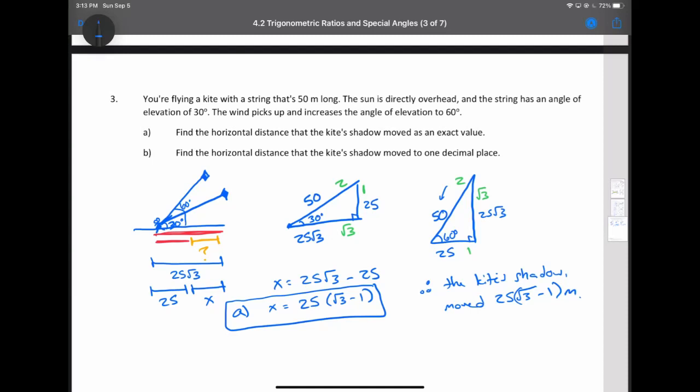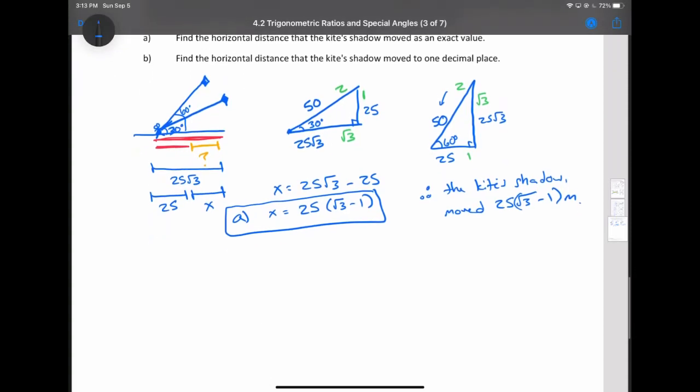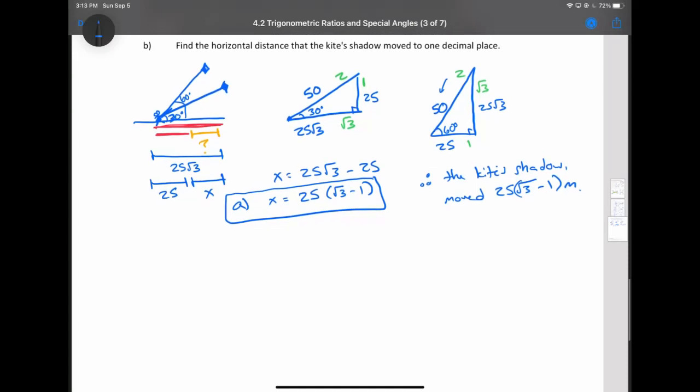Okay, first of all, this is not the kind of question anyone asks anywhere at Playground, but if it was, and you gave them the answer of 25 root 3 minus 1 meters, be ashamed of yourself. So this is an example where, yes, it is great mathematically that we can find an exact angle, but for B, we want to actually calculate what 25 root 3 minus 1 is, and that's where we take just a brief moment, pull out our calculators.